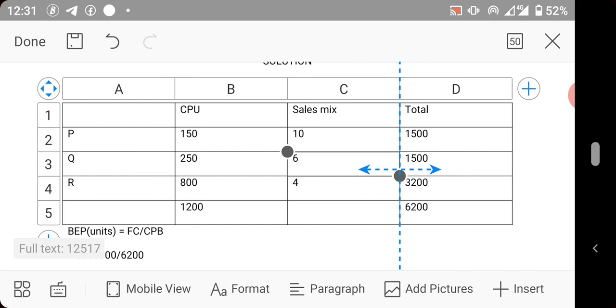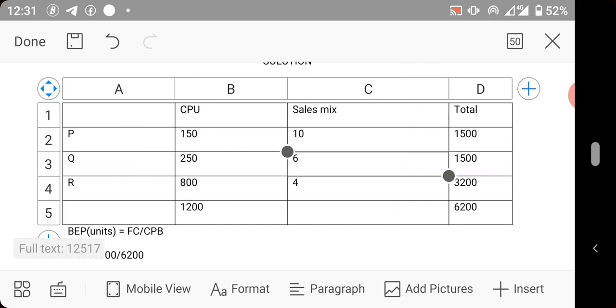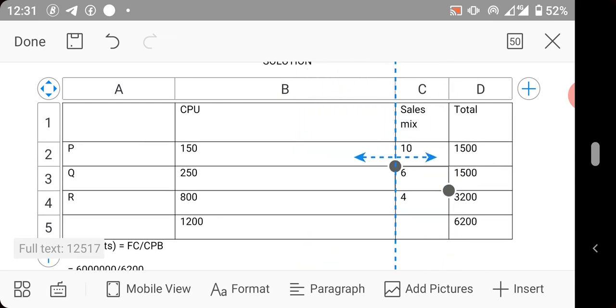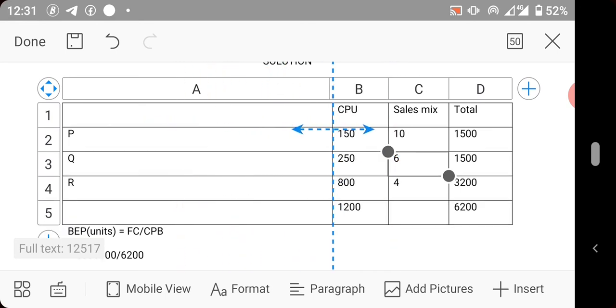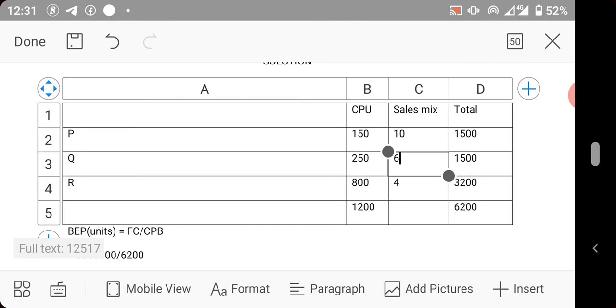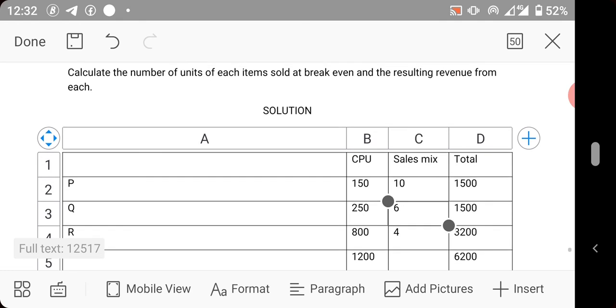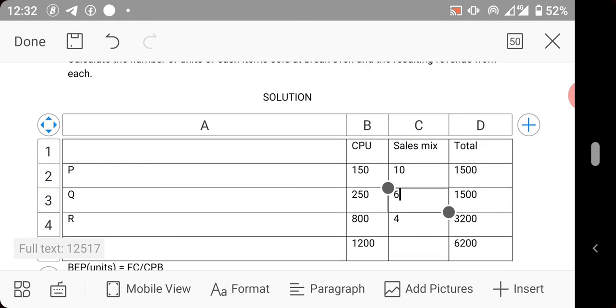I used a table to buttress my point here for my students to have a good understanding of what I'm actually trying to communicate. Now, remember that for you to compute contribution per batch, you have a formula which we looked at at the inception of the class, and that formula is contribution per unit multiplied by sales mix gives you contribution per batch.